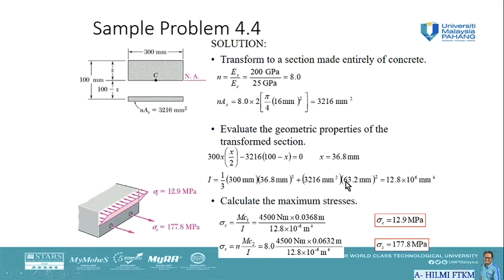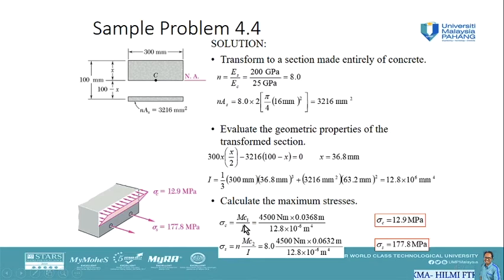So this is 100 minus x. The first part is the concrete and the second part is the steel rod. So we combine both moments of inertia to get the total moment of inertia of the whole transformed cross section. And we are going to get I equal to 12.8 millimeter power 4.